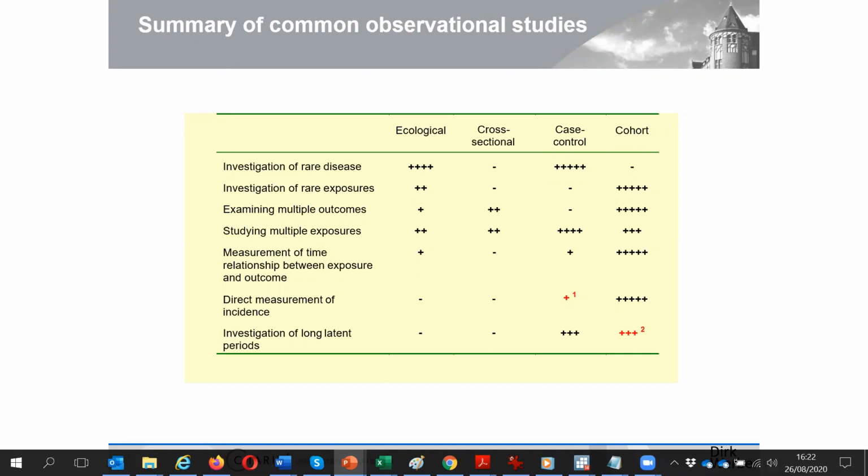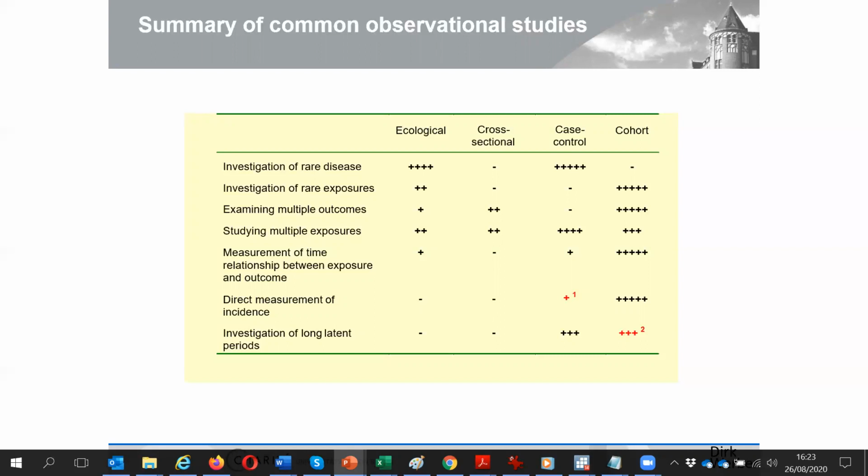Here is a summary in terms of certain criteria, where you compare these studies: whether they are suitable to investigate rare disease, whether they are good to investigate rare exposures, examining multiple outcomes, studying multiple exposures, measurement of time relationship between exposure and outcome, measurement of incidence, and investigation of long latent periods.